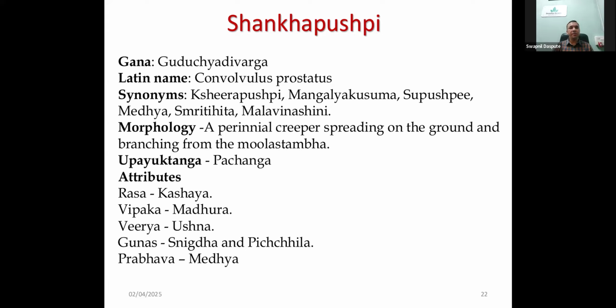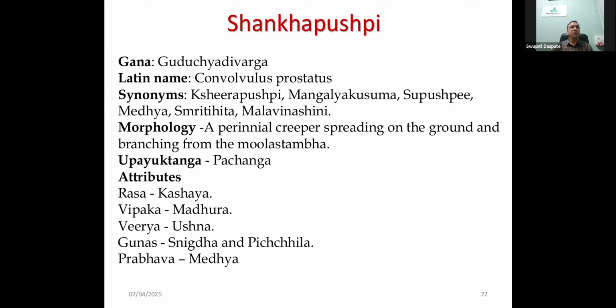Morphologically, it is a perennial creeper spreading on the ground and branching from the Mula Stambha. Mula Stambha is its root or the rhizome, you can say. Upyuktanga is Panchanga, the entire plant or herb is used in the medicine.